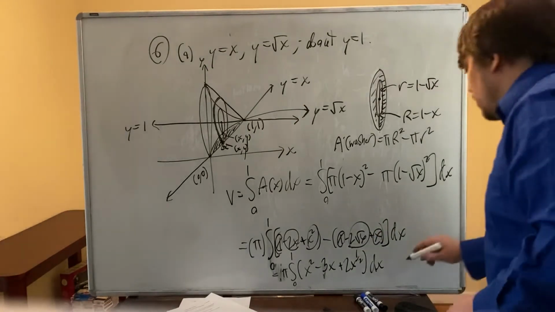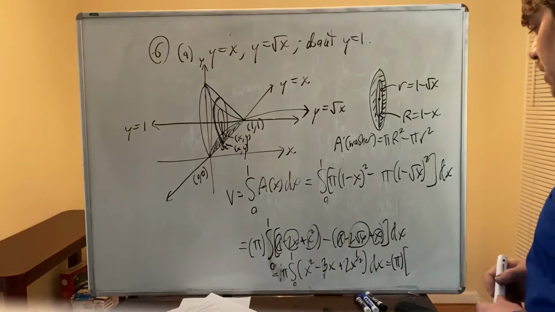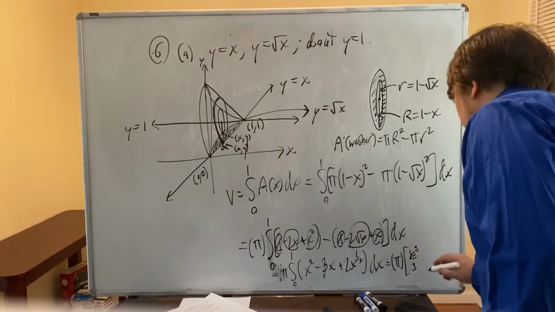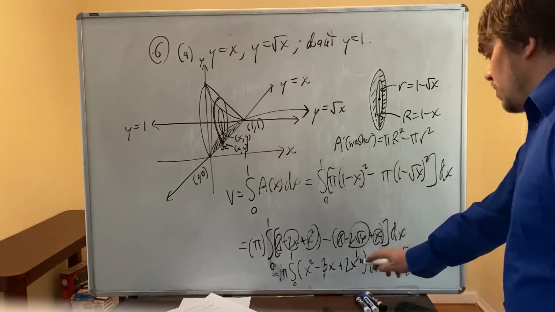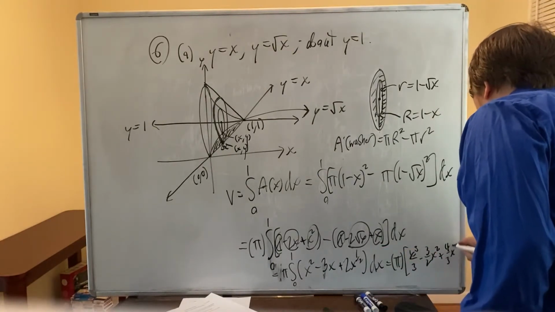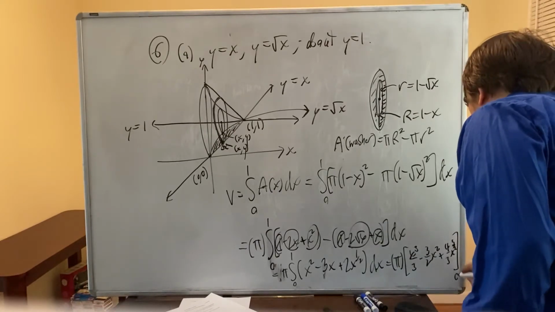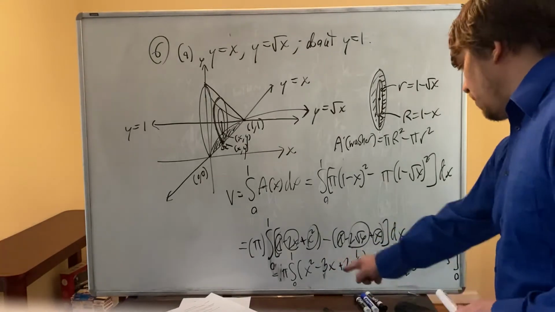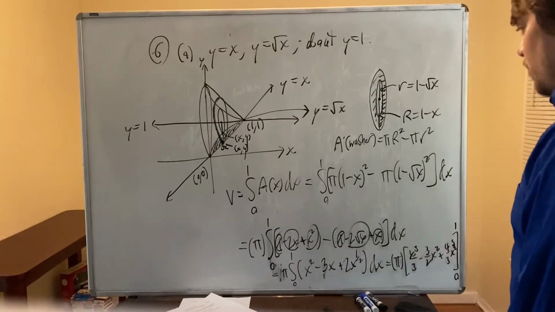And so it's equal to pi times the antiderivative of that, which is x cubed over 3 minus 3/2 x squared plus 4/3 x to the 3/2, evaluated from 0 to 1.